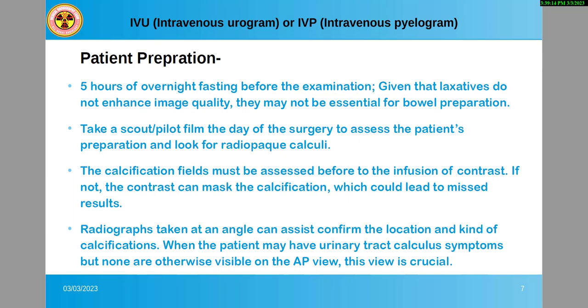Patient preparation. 5 hours of overnight fasting before the examination. Given that laxatives do not enhance image quality, they may not be essential for bowel preparation. Take a scout film the day of the procedure to assess the patient's preparation and look for radiopaque calculi.